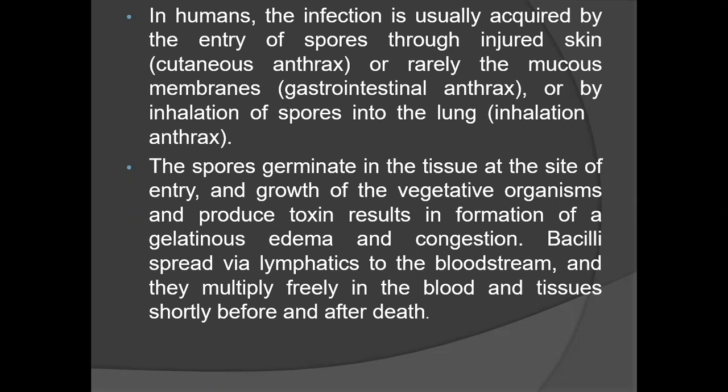Then the bacteria produce toxin or disseminate to other cells. Toxin production results in formation of gelatinous oedema and congestion. Bacilli spread through lymphatics to the bloodstream, and they multiply freely in the blood and tissue shortly before and after death.